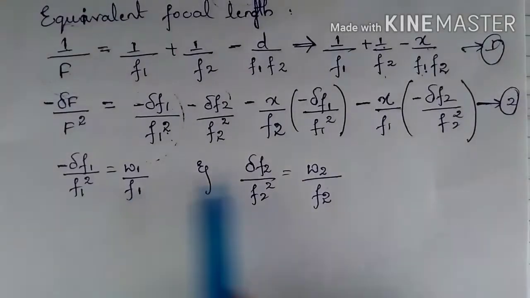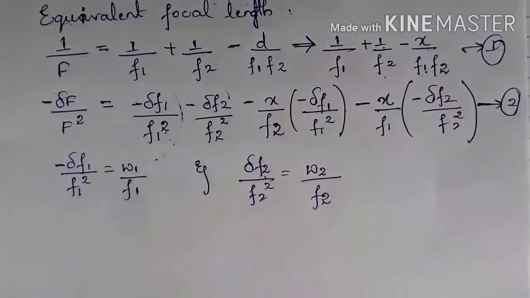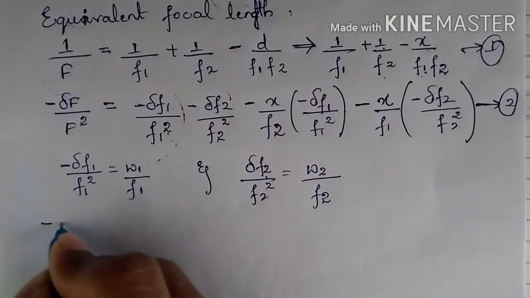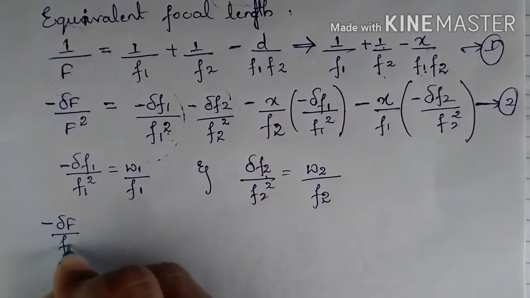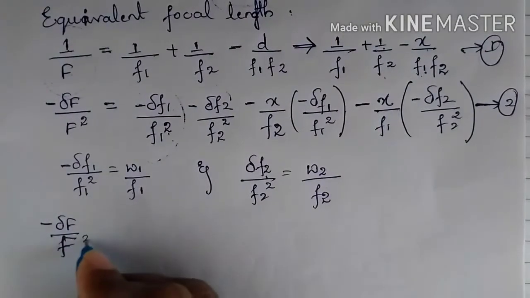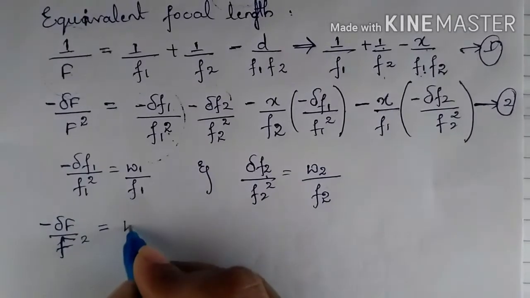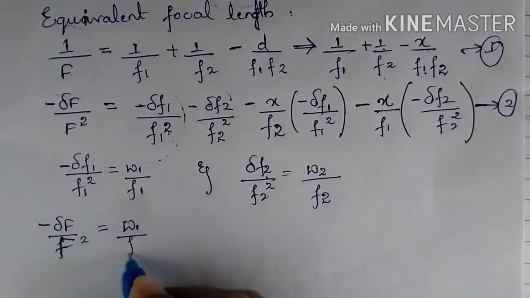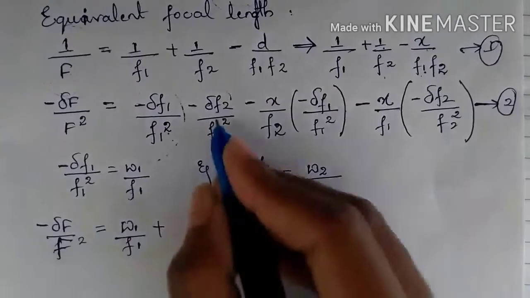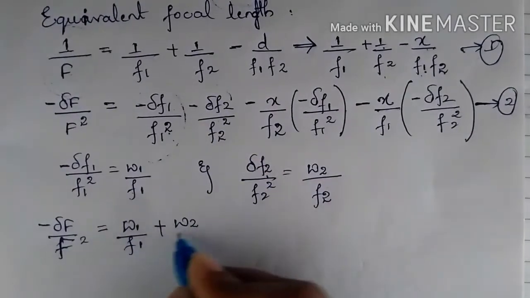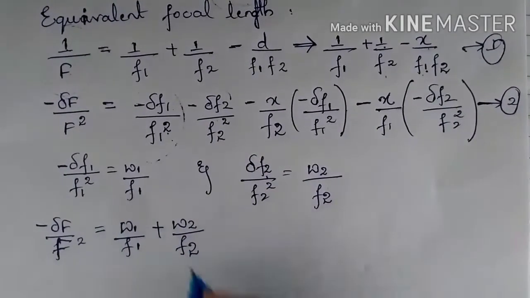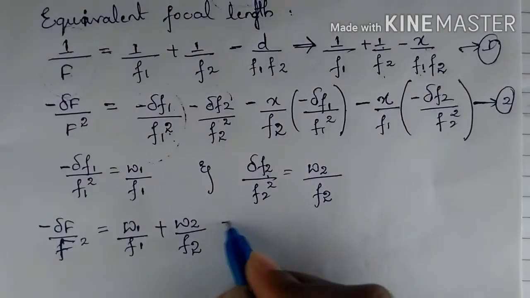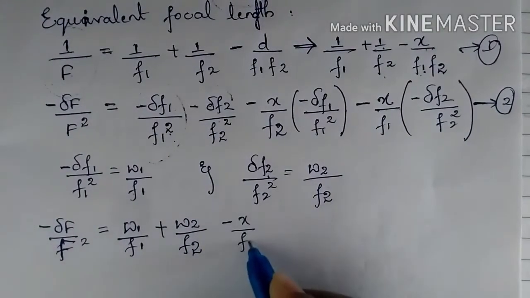So substitute these two in equation 2, then what will you get? The first term will be omega 1 divided by f1, plus the second term omega 2 divided by f2, and what will be left? Minus x divided by f2.